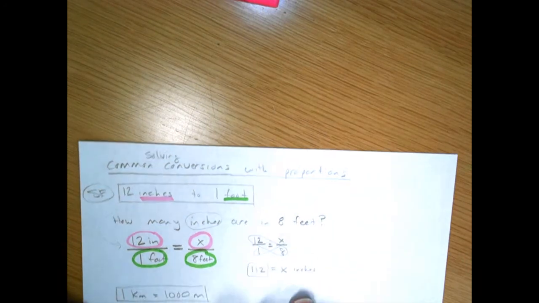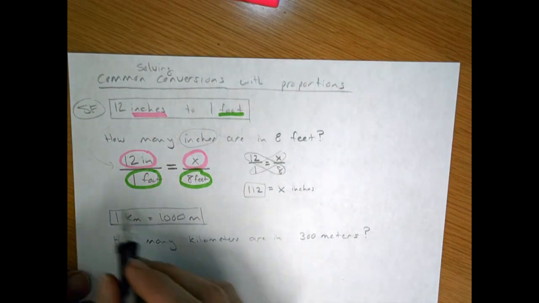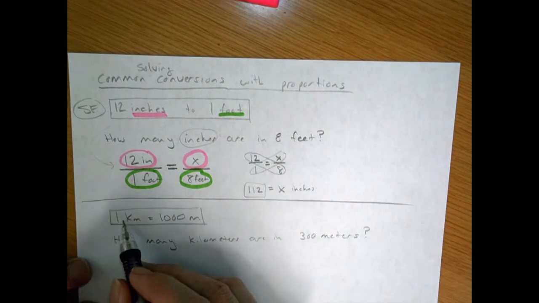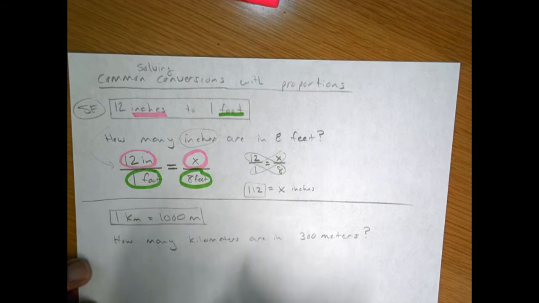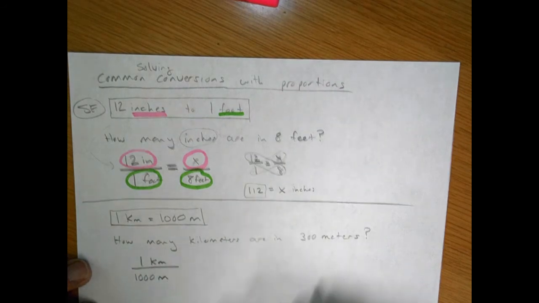Okay, let's try another one. How many kilometers are in 300 meters? Well, we know that there are 1,000 meters in 1 kilometer. So we could set this up like this. 1 kilometer is equivalent to 1,000 meters.